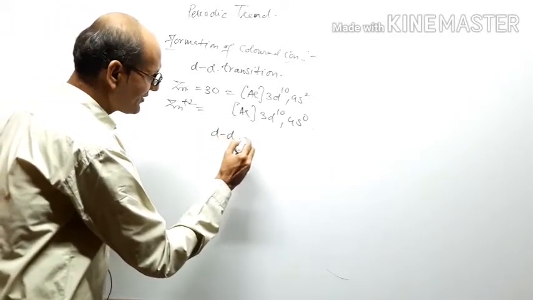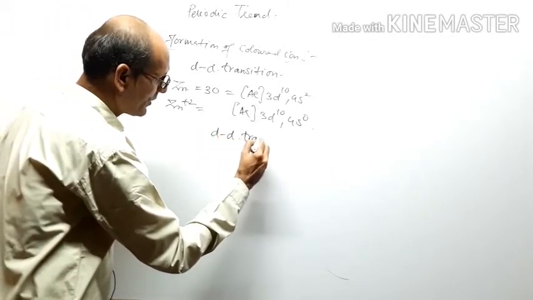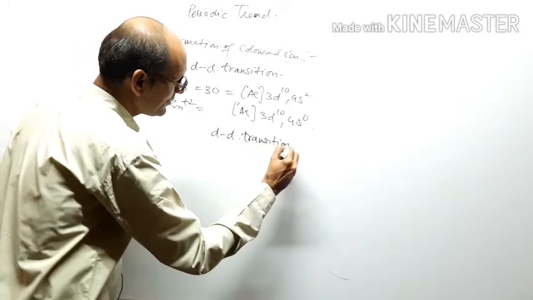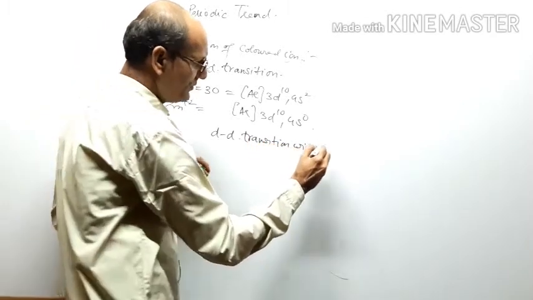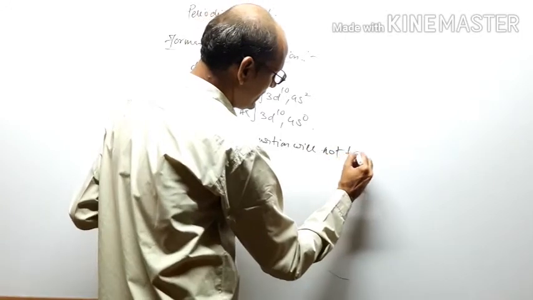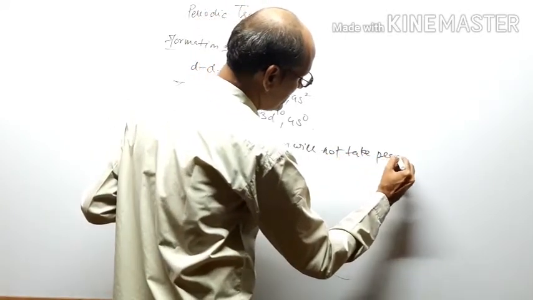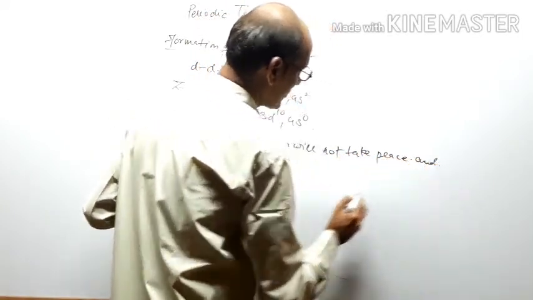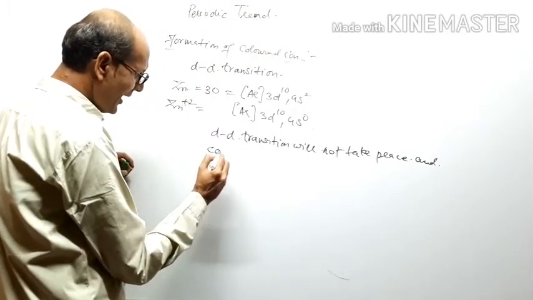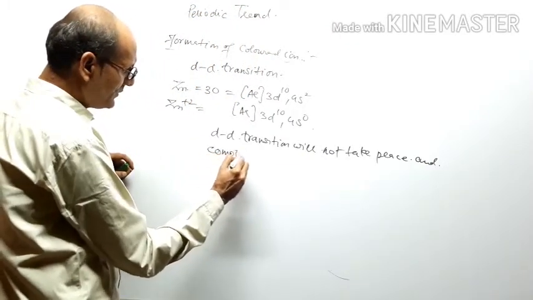d-d transition will not take place, and complexes or ions will not be colored.